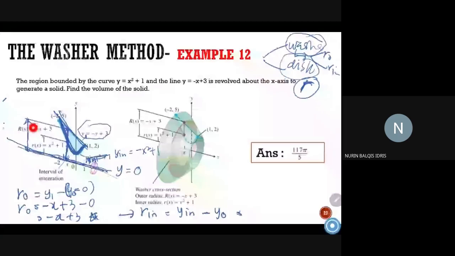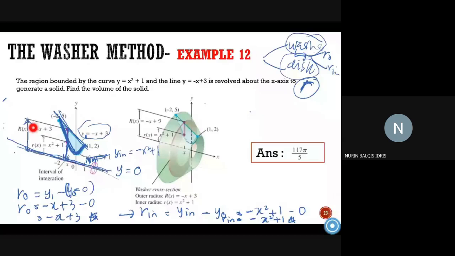So your y in here is equals to negative x square plus 1 minus with y naught is 0. So maknanya the inner radius r in is equals to negative x square plus 1. Okay, so with this you may set up the integration.